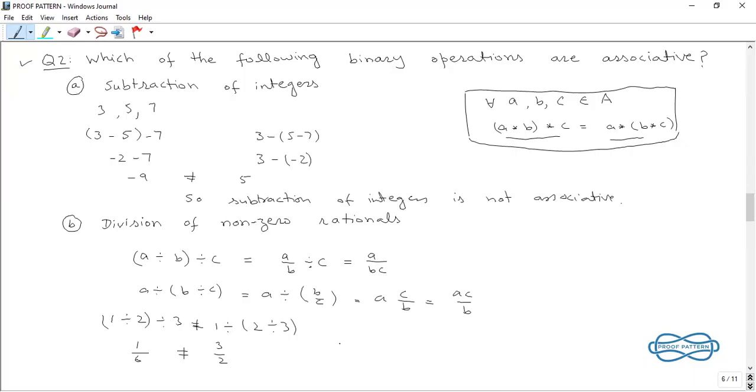So we can safely say that the conclusion is division of non-zero rational numbers is not associative.